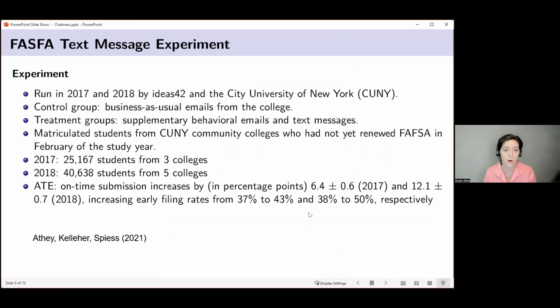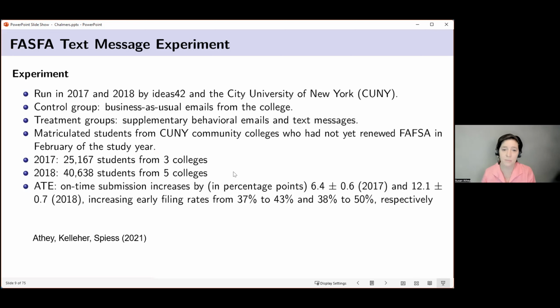So in this paper, we're looking at a randomized experiment that was run to try to give people text messages to prompt them to fill out financial aid forms. In the United States, the financial aid forms are very complex, and a lot of people don't fill them out and thus don't get the financial aid that they're eligible for. We had 25,000 students in one year and 40,000 students in another year.